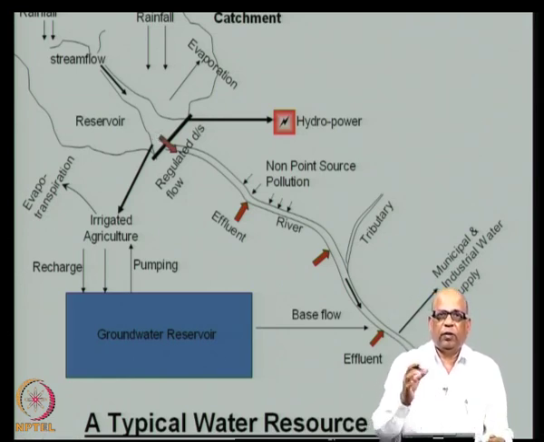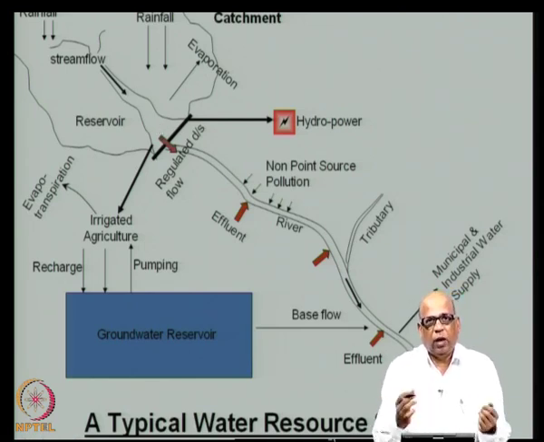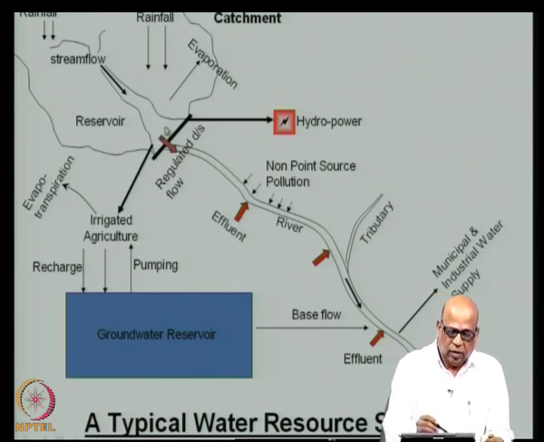The surface area becomes larger compared to what it would have been if the flow was natural. Because the surface area increases, the evaporation losses will start increasing. You are spreading the water and therefore the evaporation increases.